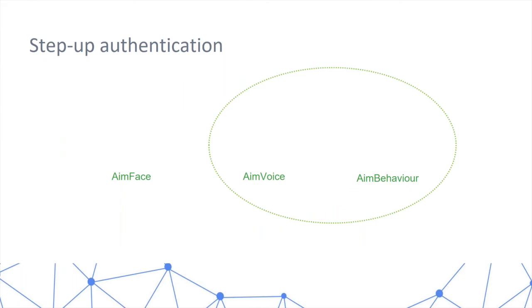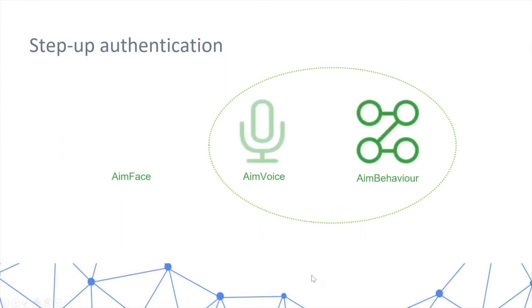Our facial authentication module, which is called AimFace, can also be used with our voice or behavioral authentication, so that it can be invoked if the behavioral or voice match falls below your risk thresholds. We call this step-up authentication. It's particularly valuable when additional assurance is required for sign-off on large or abnormal financial transactions, for example.